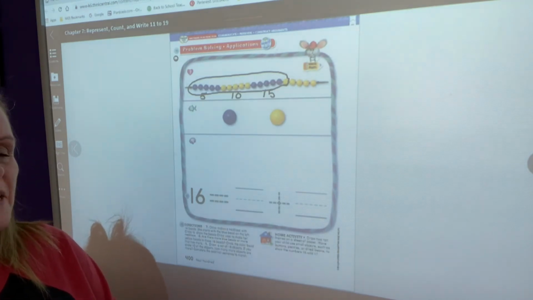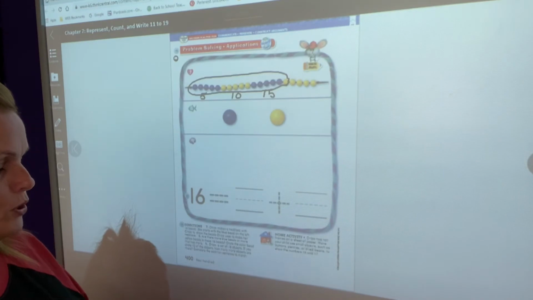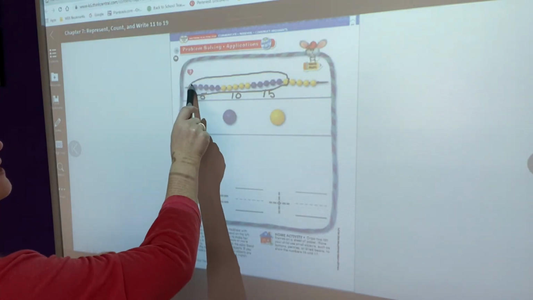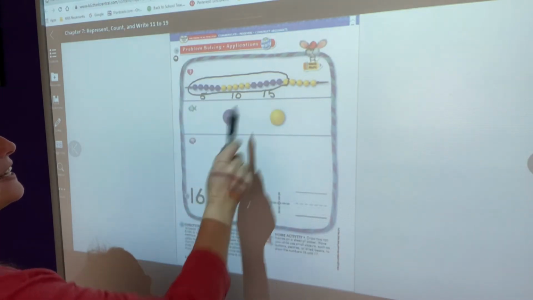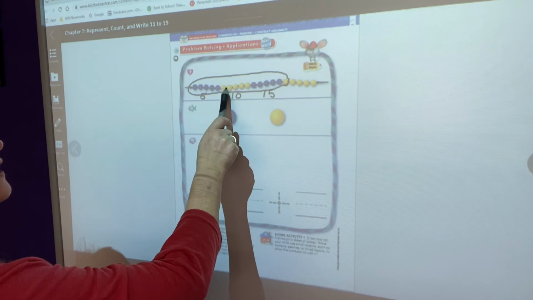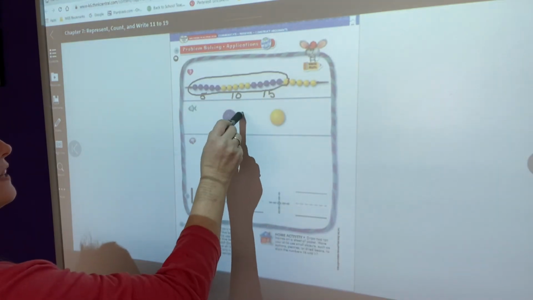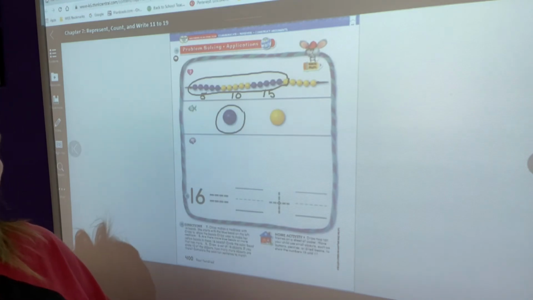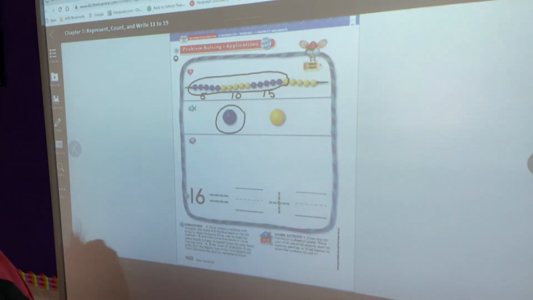Which one has more? Are there more blue beads or more yellow beads? There are more blue beads. There are 5, 10 blue beads, and only 5, 6 yellow. So we will circle the blue bead because there are more blue beads in our bracelet than there are yellow.